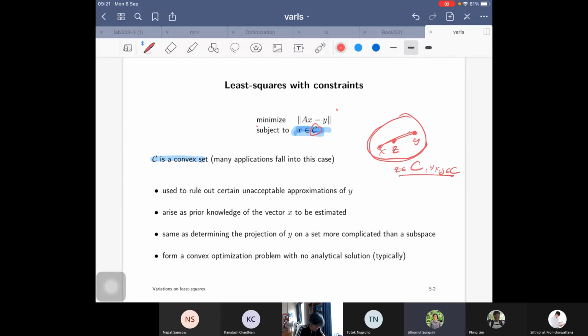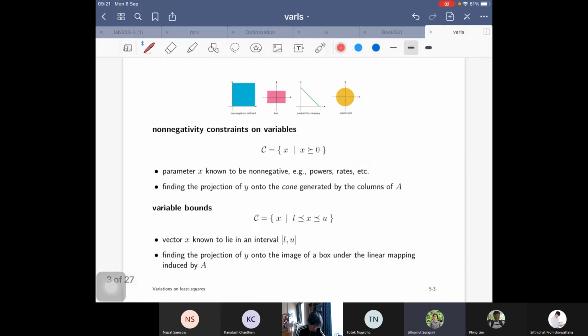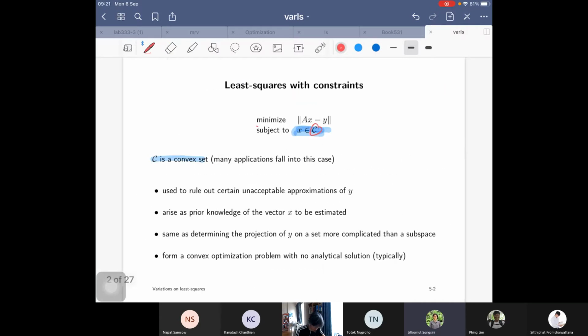We will talk about this later when we provide the background, but let me mention that most of the sets that we see here are convex sets.